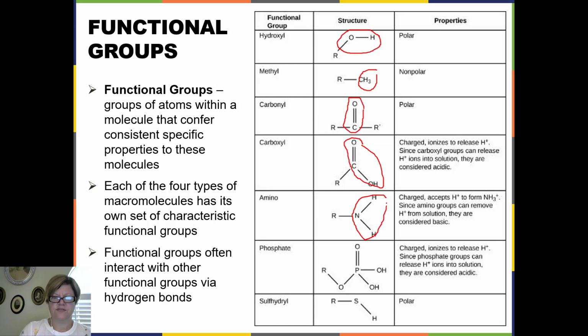And they give a certain function to the molecule. So the R in this picture is the rest of the molecule. It can be anything. But the functional group is what I'm circling. So these are little things that are attached to any other molecule. And when you see them, it gives the molecule certain characteristics.